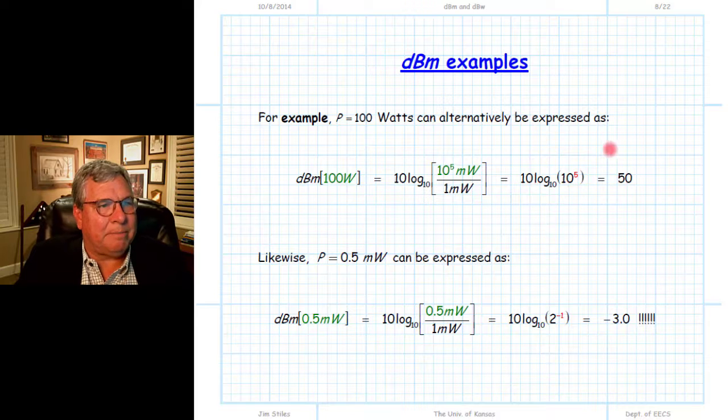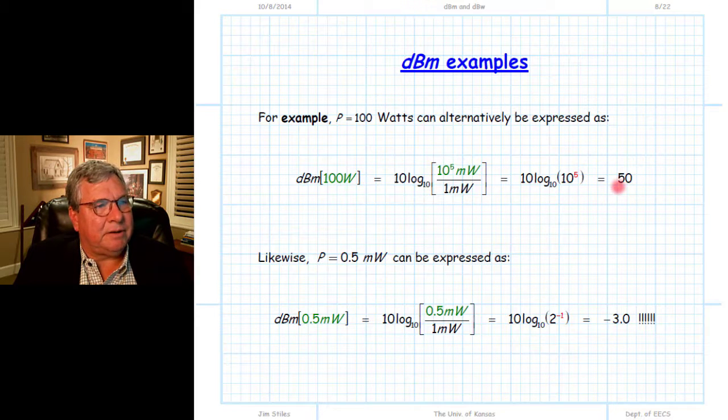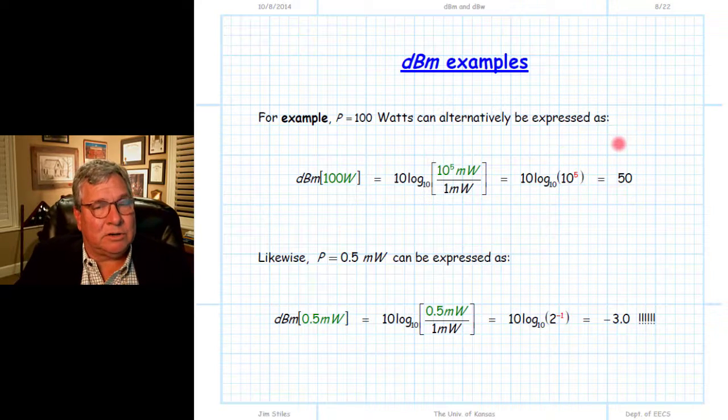And so we multiply that by 5 and we get 50. The dBm operator, when applied to 100 watts, gives us a value of 50. And what that says is the power is 50 dB larger than 1 milliwatt. In other words, the power is 100,000 times larger than 1 milliwatt. And of course, 100,000 times larger than 1 milliwatt is 100 watts.